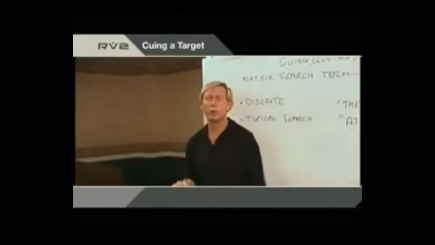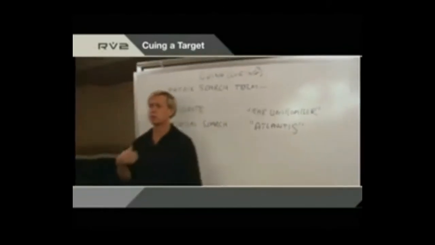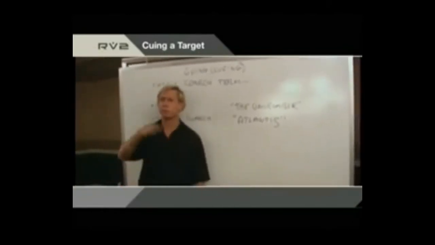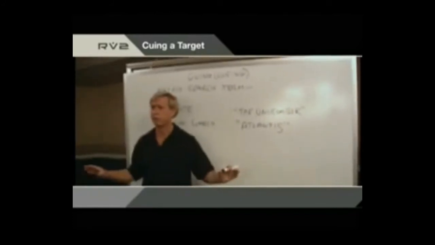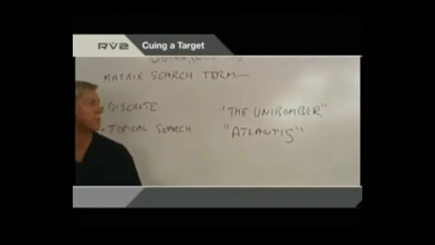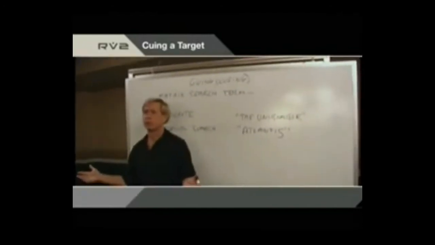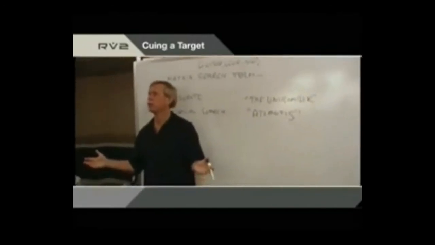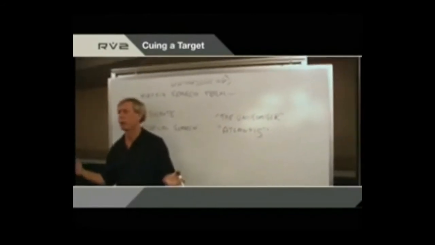We're not sure what Atlantis was. Was it simply a legend, a composite of legend, myth, or purely apocryphal? Was it a real place? That kind of thing. We're not really sure. The Unabomber, what's that? Somebody or a group of people associated with mailing bombs.